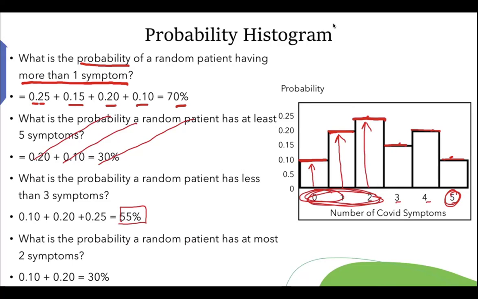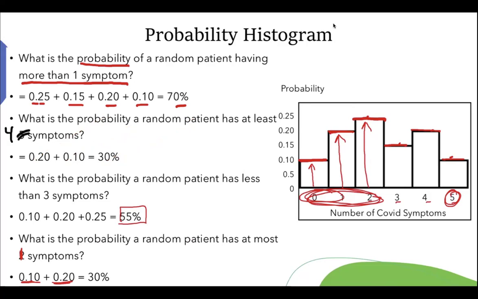So okay. I think I missed this one too. I think what I intended to say here is has at most one symptom. At most one means 0 and 1. So that would be the sum of 0.10 and 0.20, and that's 30. And I think what I meant up here, let me fix this one, was at least 4.